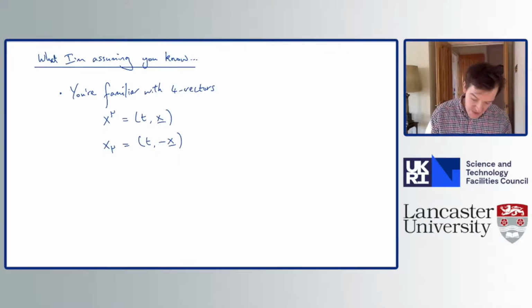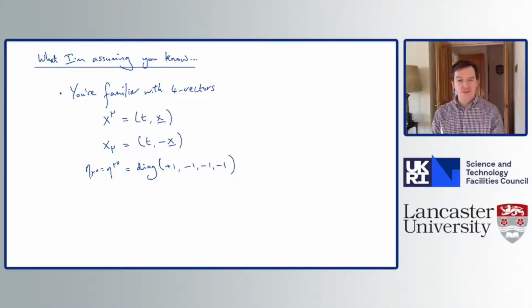So in other words, I'm using the so-called mostly minus convention, where my metric has a +1 and then three -1s. This is the most commonly used convention in particle physics. There are, of course, some books which will put a -1 in the time placeholder and a +1 in the space parts.